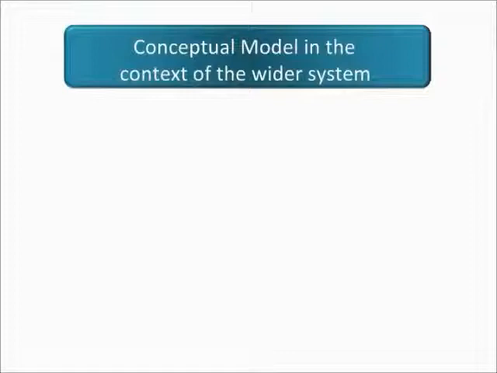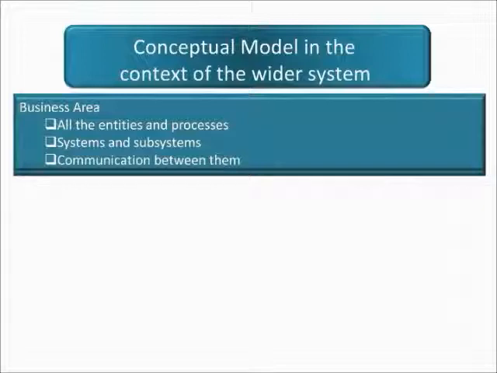The broad real-world context in which the software under development is to operate is known as the business area. This encompasses all the entities and processes, systems, and subsystems that contribute to the activities of a business or other organization, as well as the communication between them.